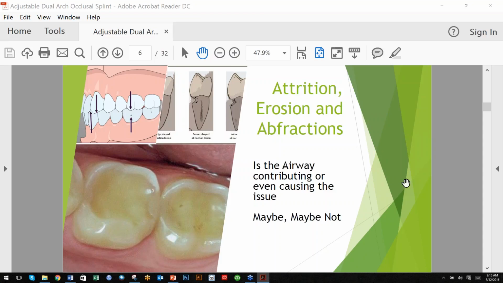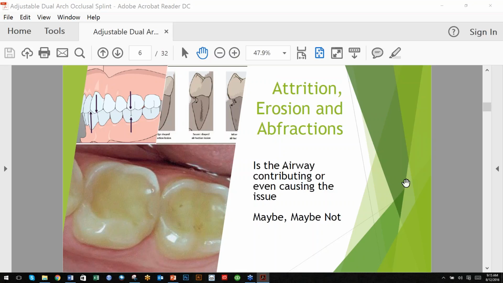So within bruxism, there's a number of types of damage that can occur. We all know this isn't new groundbreaking information, but there's chips and fractures, there's abfractions, and then there's wear. When you're dealing with somebody with bruxism, a lot of times you don't think about wear, because wear is a lot of times pressure and esophageal reflux acid combining to wear out the enamel on the posterior teeth.